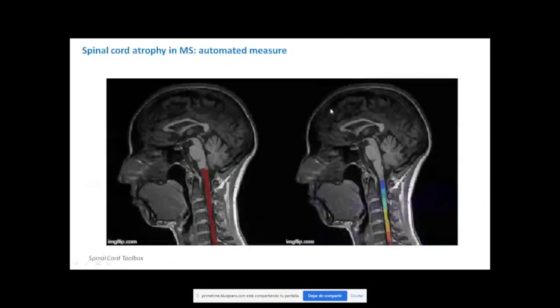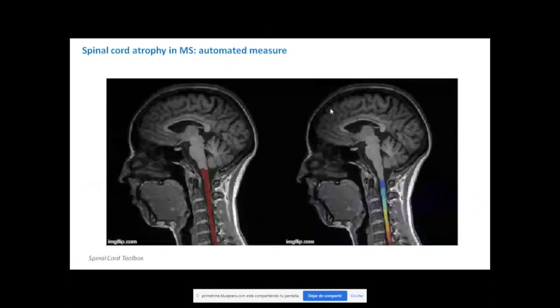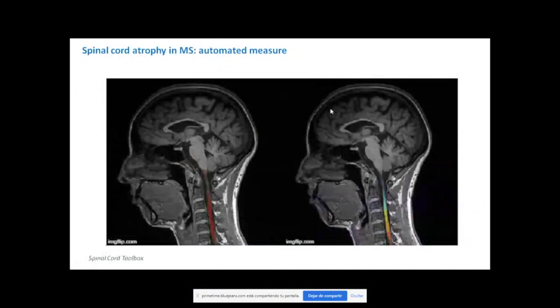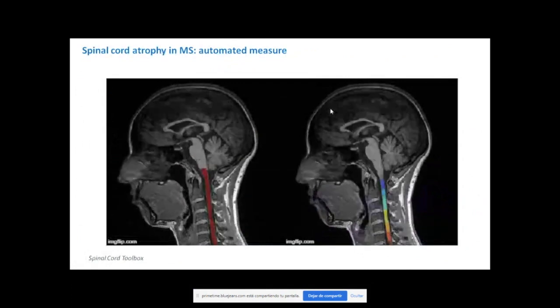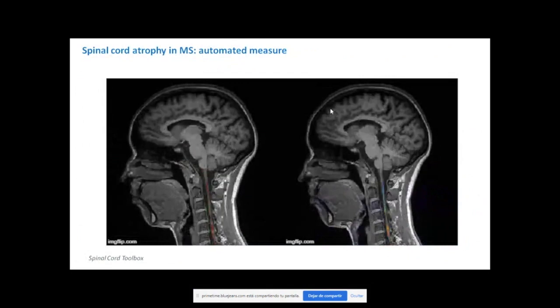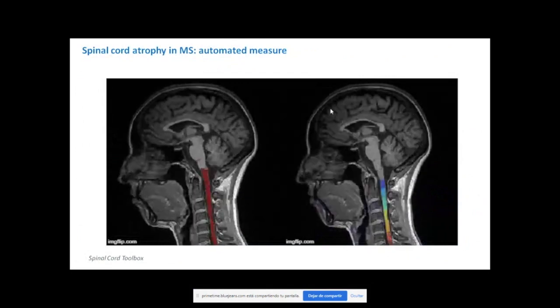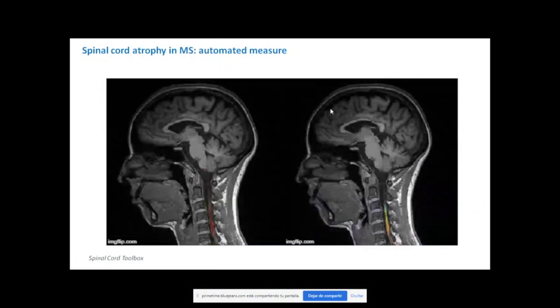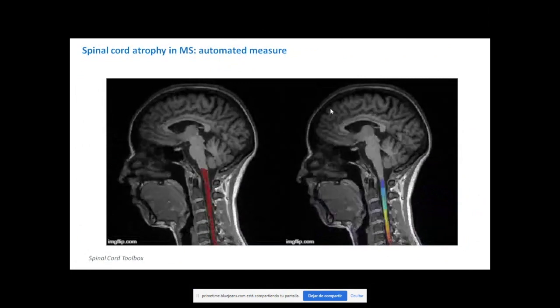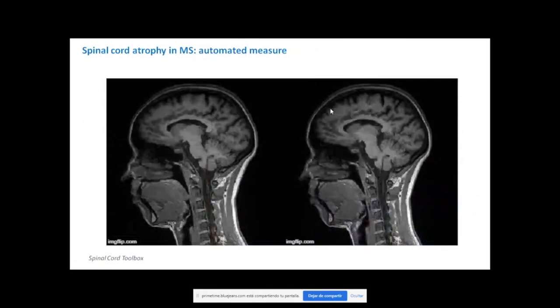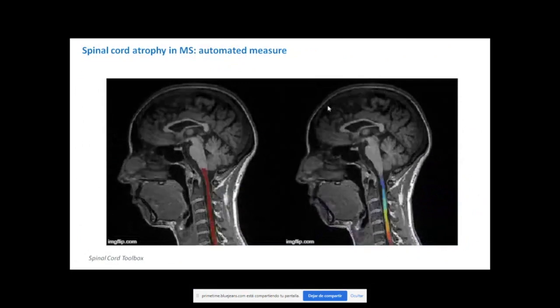This is an example. This is a sagittal 3D T1 weighted sequence of the brain, and we apply a tool that calculates the spinal cord volume, and you can see how nicely we can assess this using a brain T1 acquisition.